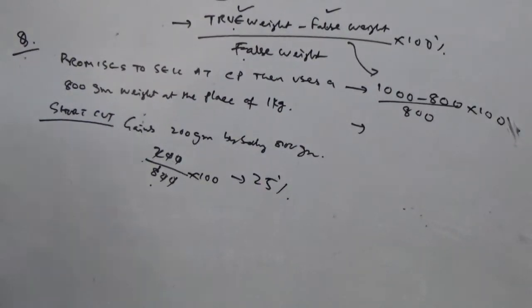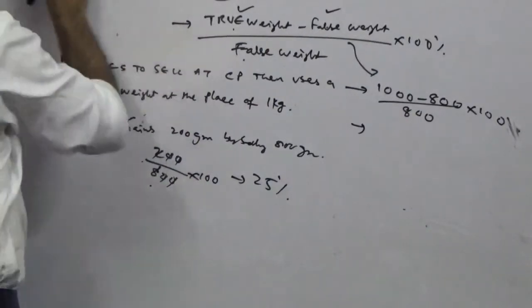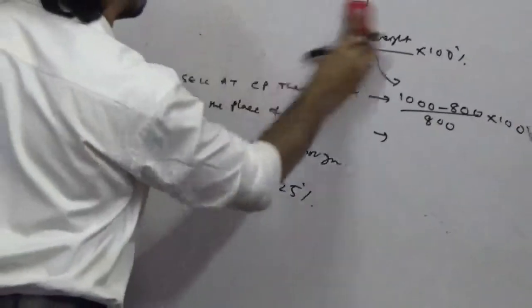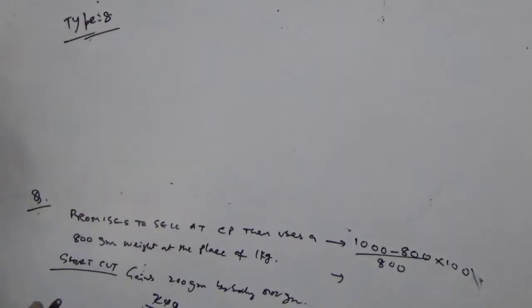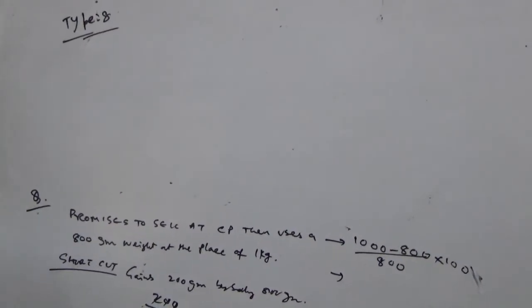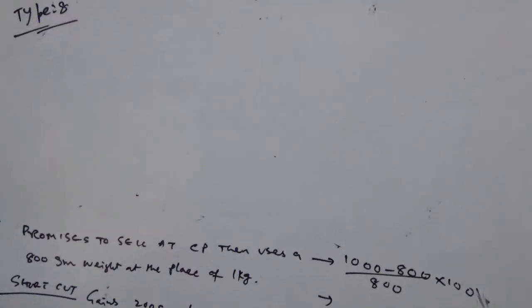Next is type 8. In type 8, what will happen? A shopkeeper sells his goods at a% loss on cost price but uses a wrong weight. How does 25% come? 25% will come from our formula.